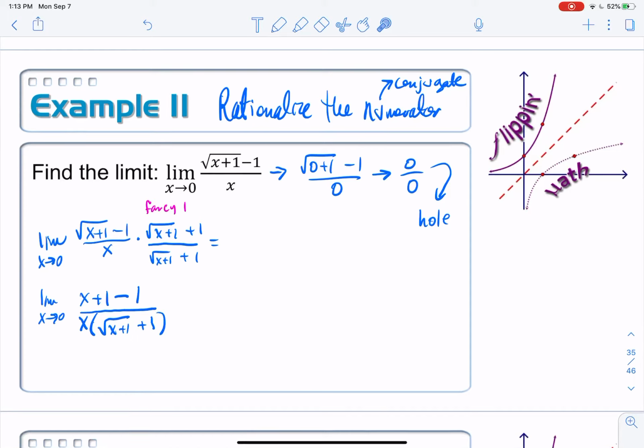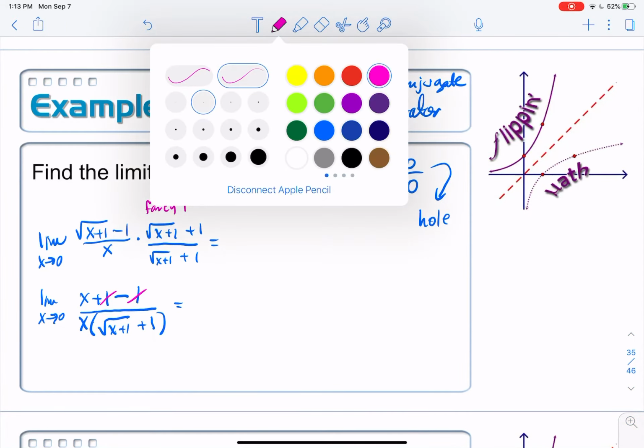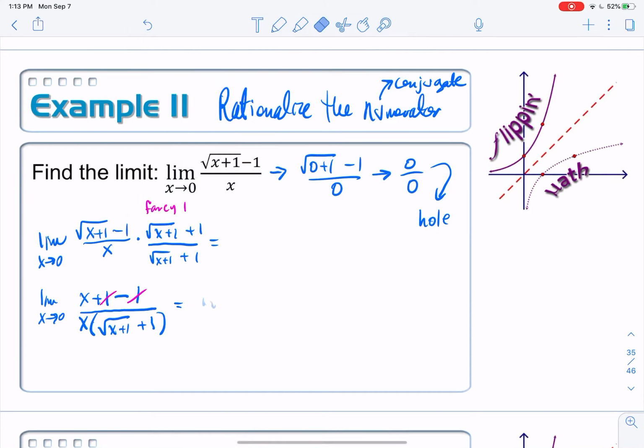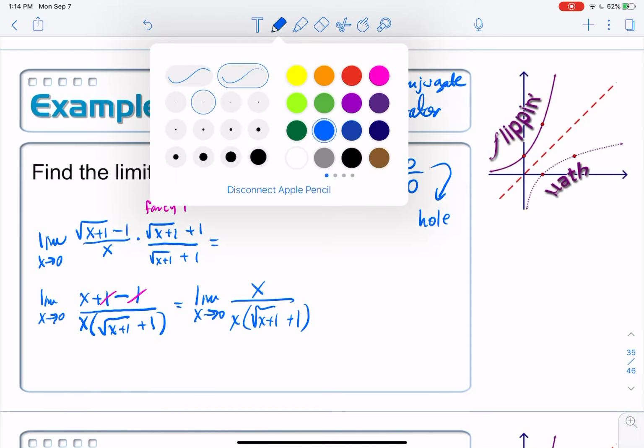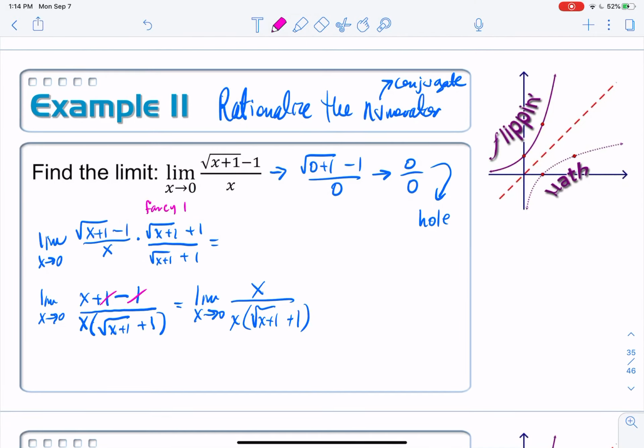So now across the top, I can see I have plus 1 and minus 1, which get to cancel. Wait, that needs a pink crayon. There we go. The limit as x approaches 0 of x over x times square root of x plus 1, and one more time, I have a common factor across the top and the bottom of x.